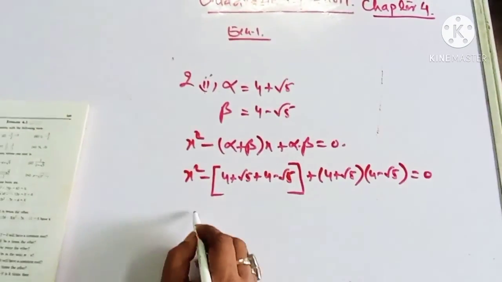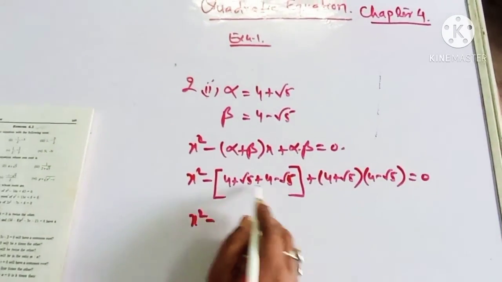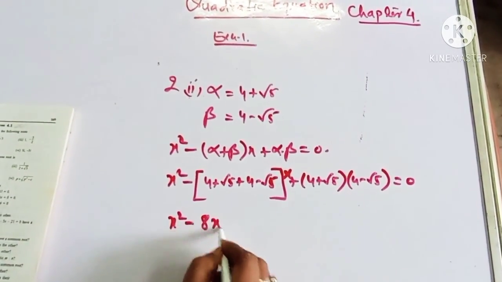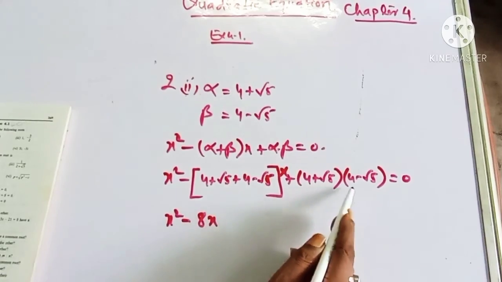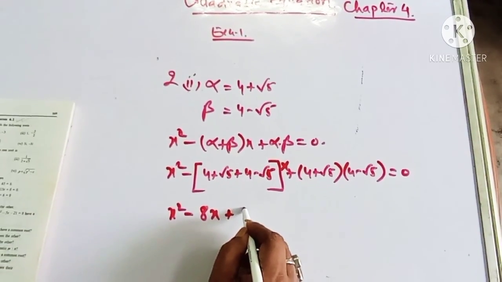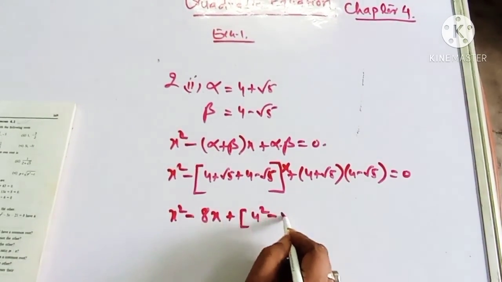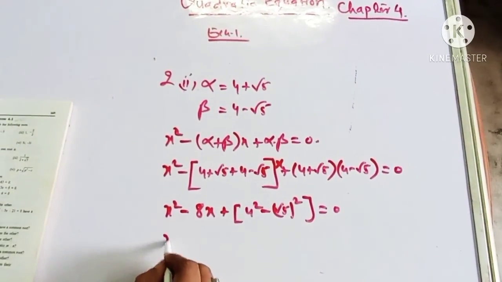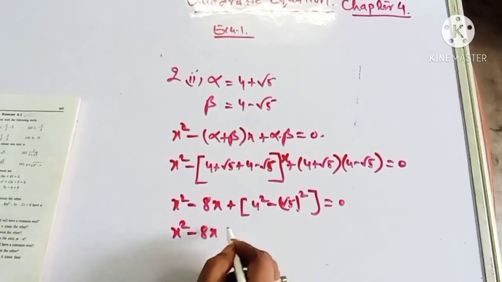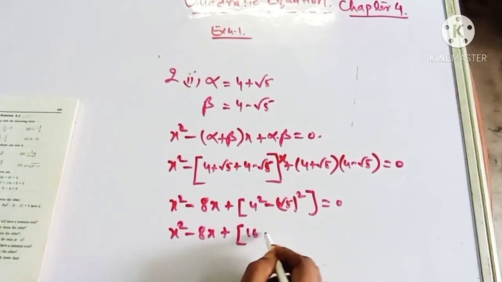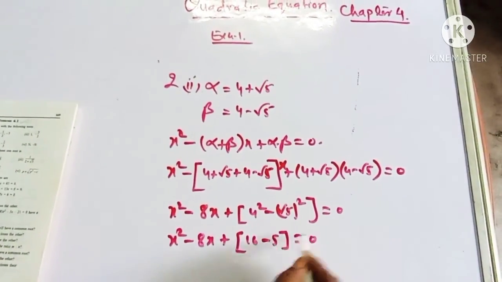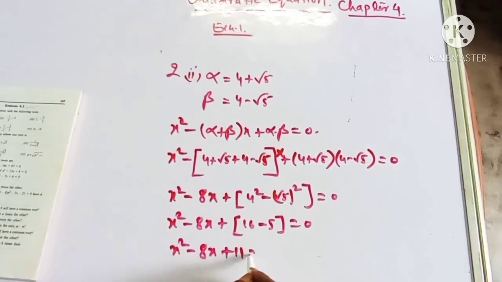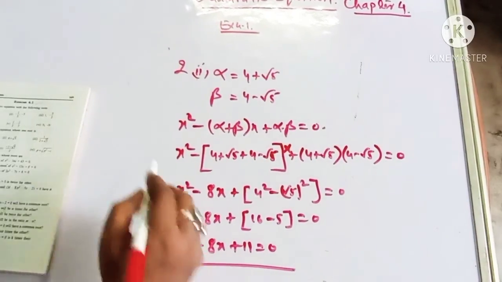So root 5 cancels out. X square minus 4 plus 4, 8, here x is missing, so this will be 8x, and a plus b into a minus b, this will be 4 square minus root 5 the whole square, equal to 0. So x square minus 8x plus 16 minus 5 equal to 0. So x square minus 8x plus 11 equal to 0. So this is your answer.